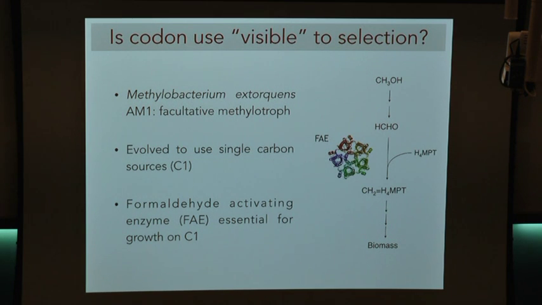So to really understand, is codon use even visible to selection at all? Because for a long time, people hypothesized that selection on codons is very, very weak or moderate at best. We wanted to ask, well, how much can we quantify this trend of selection acting on specific codon changes? So we did some experiments. We took Methylobacterium extorquens.